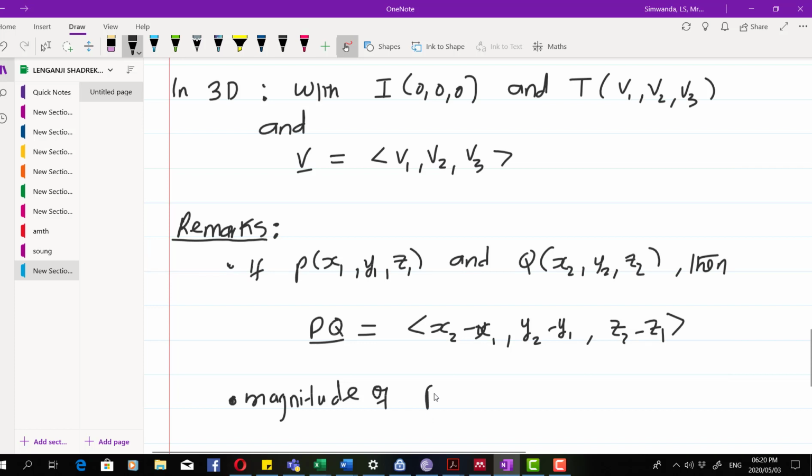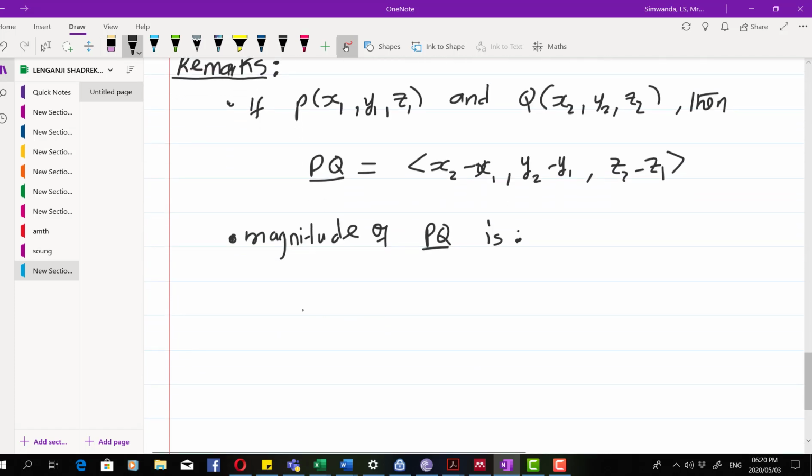So if you are given that vector, how do we get the magnitude? So the magnitude of vector PQ, we extend the concept of Pythagoras theorem from 2 dimensions to 3 dimensions.